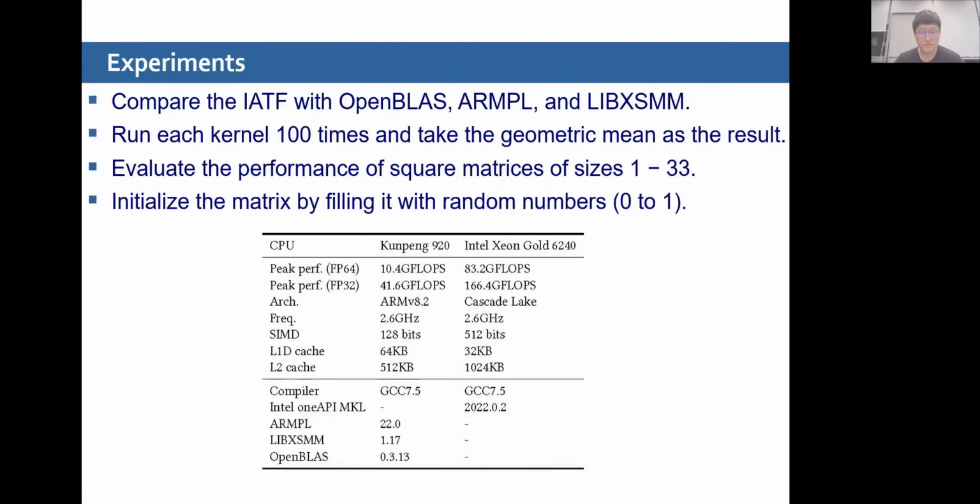To fully demonstrate each kernel, we evaluate the performance of square matrices of size 1 to 33 and initialize the matrix by filling it with random floating point numbers. This table shows the specification of two processors.